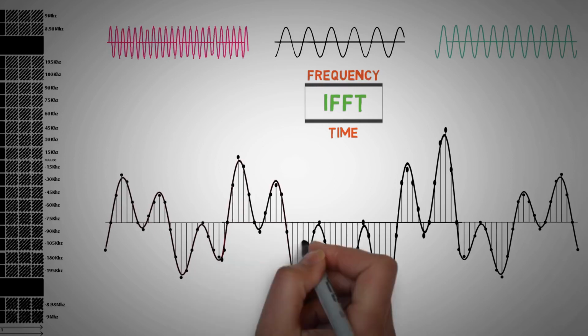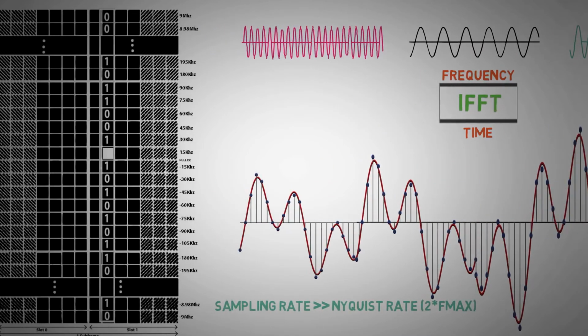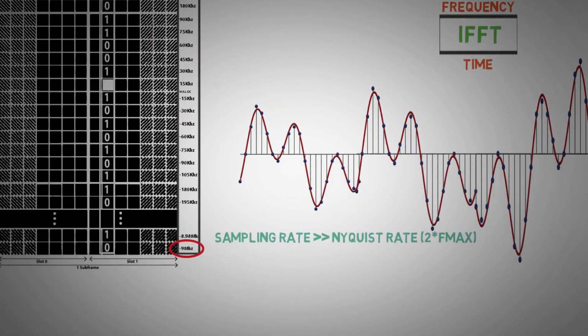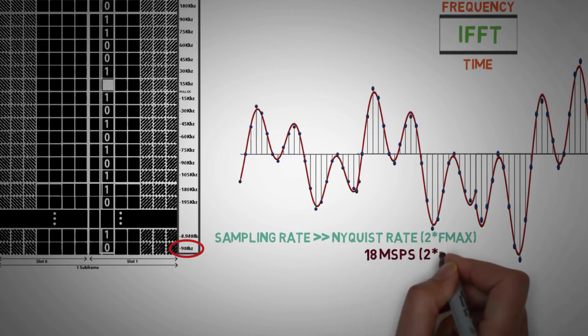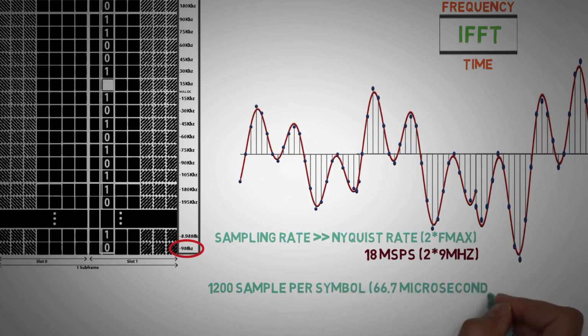As the data is being sampled by IFFT, samples must be taken above the Nyquist rate for faithful reproduction at the receiver. For an LTE spectrum of 20 MHz, the highest frequency component is 9 MHz, which means the sampling rate should be greater than 18 megasamples per second. In other words, 1200 samples per OFDMA symbol of 66.7 microseconds.